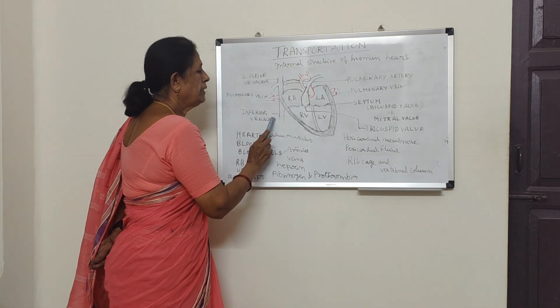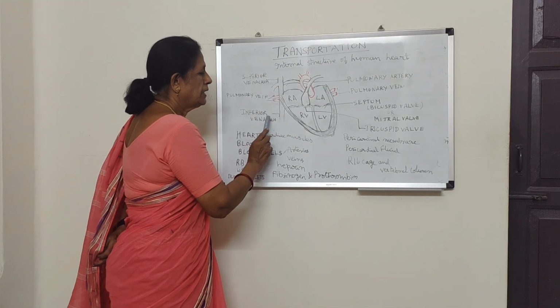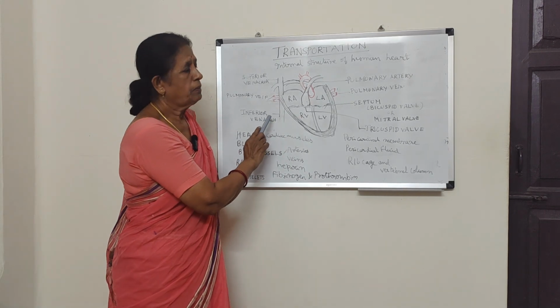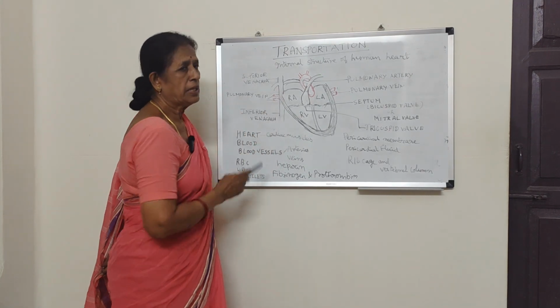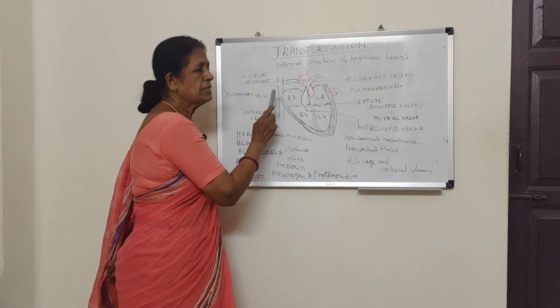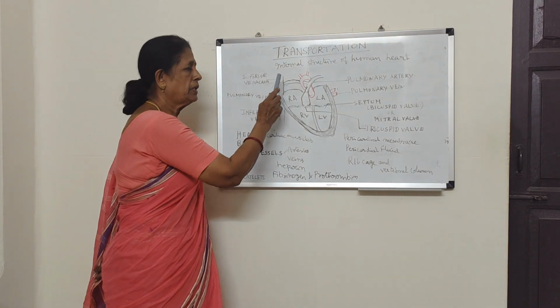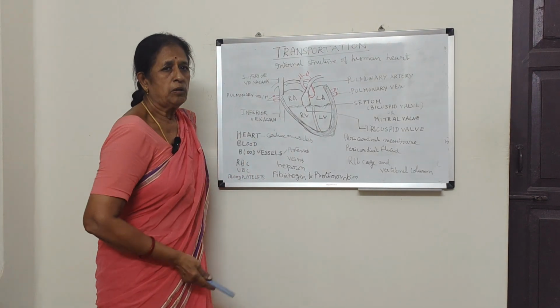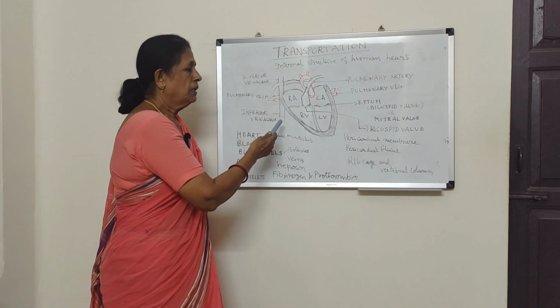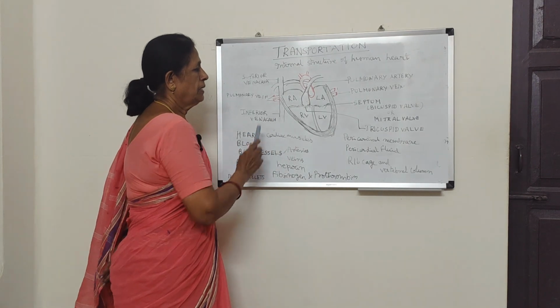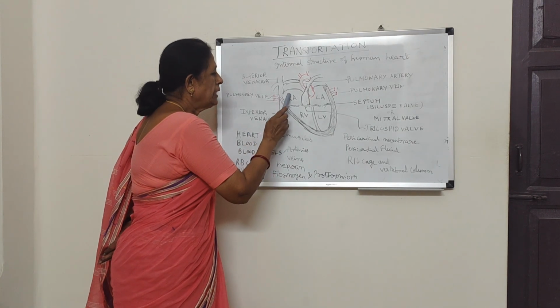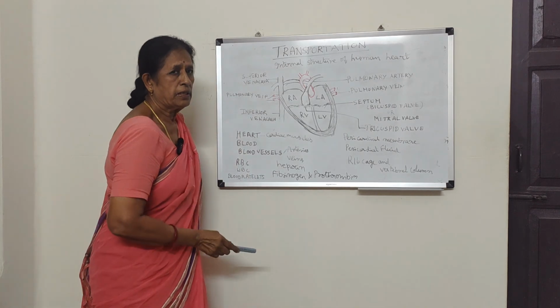In the same way, the inferior vena cava collects deoxygenated blood from lower body parts like limbs, kidney, liver, etc., and opens into the right auricle. So the blood from the right auricle flows to the right ventricle.